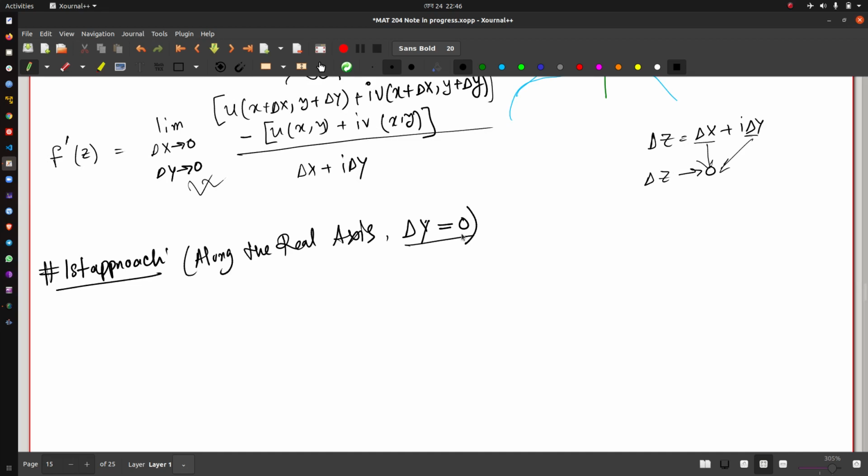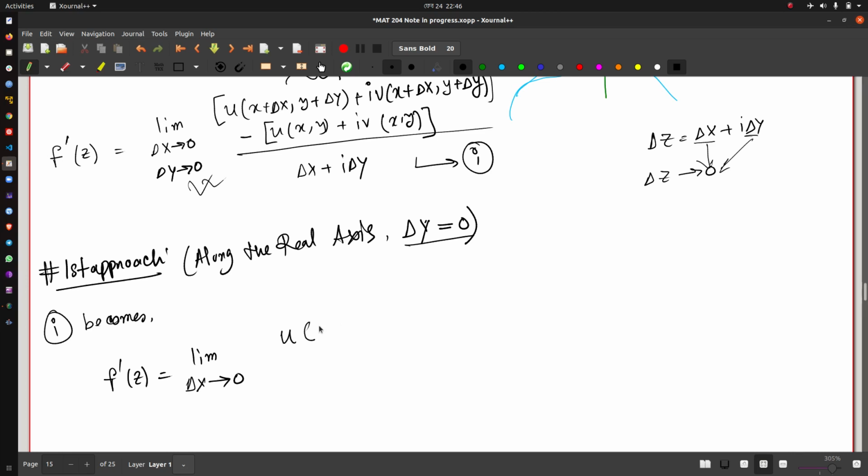If we consider this, then this expression, let's call it expression I, becomes f prime of z equals the limit as delta x goes to 0, because y is always 0, of u of x plus delta x, y plus i v of x plus delta x, y, then a minus, and I'm just going to multiply the minus directly, u of x, y.